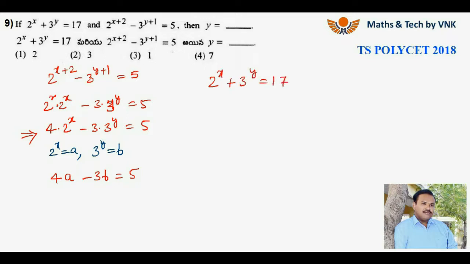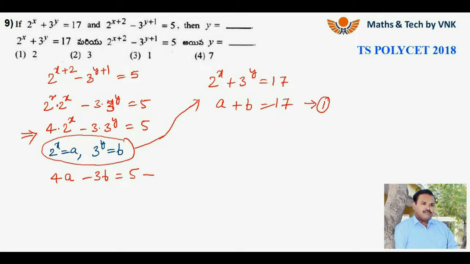So substituting 2 power x is equal to a and 3 power y is equal to b in this expression, this is a plus b is equal to 17. Now let the equation a plus b is equal to 17 be equation number 1 and 4a minus 3b is equal to 5 be equation number 2.